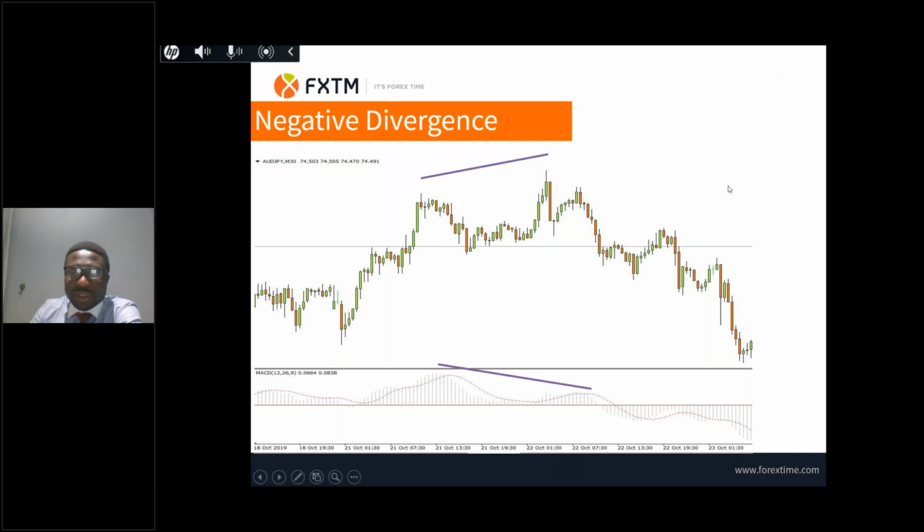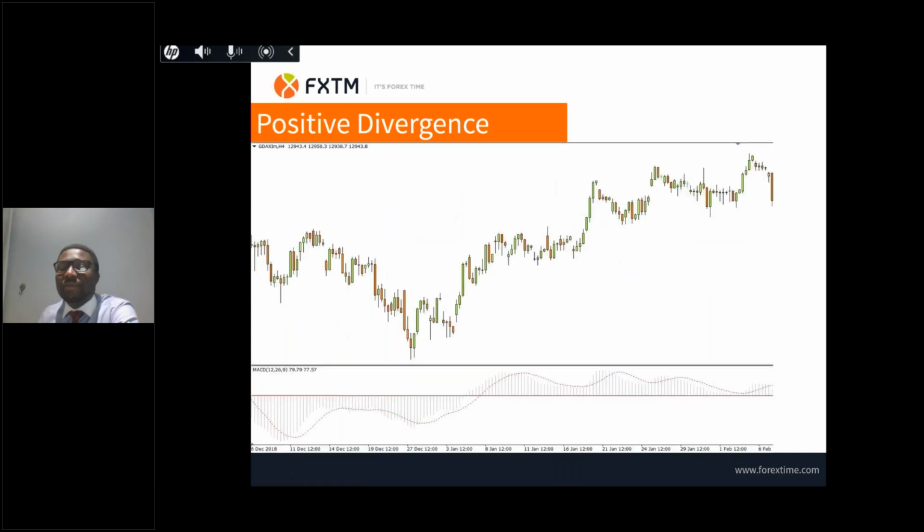Okay, so we'll move on to positive divergence. If in the negative divergence the indicator was losing value, in the positive divergence you see the indicator increasing. Price was falling previously and price is about to rise.